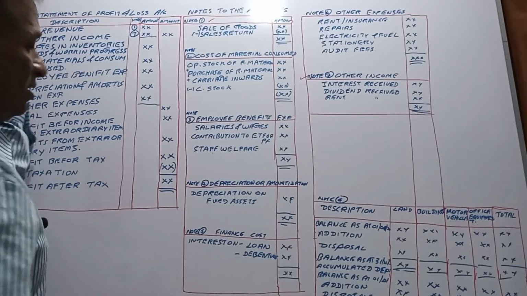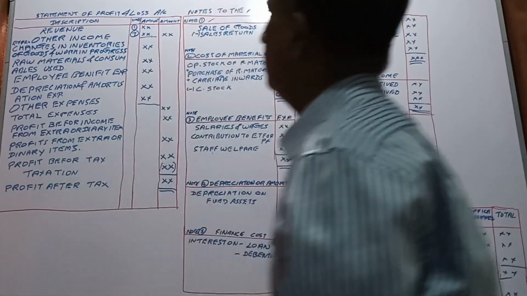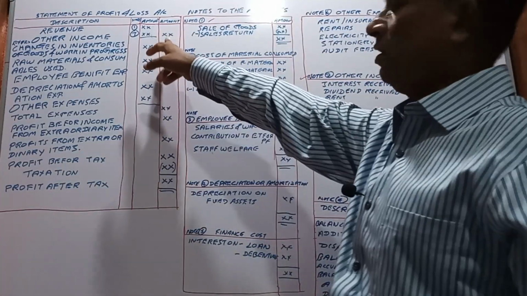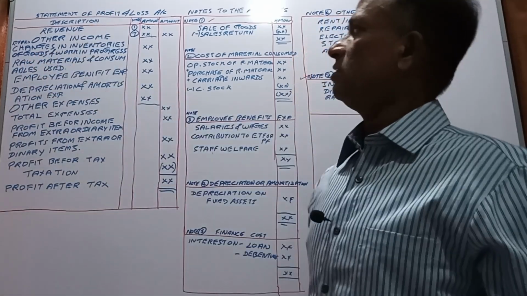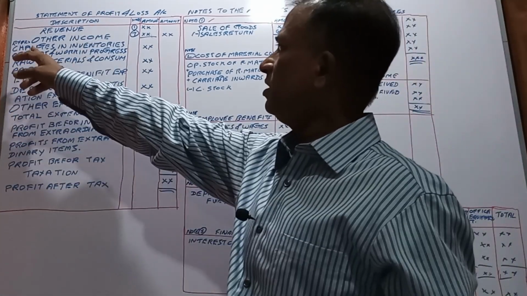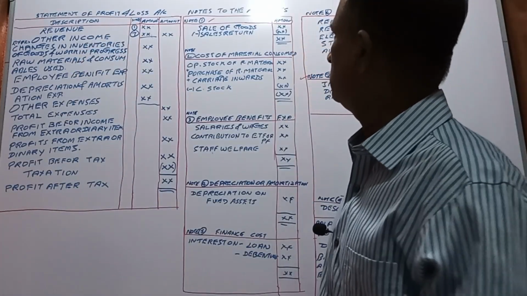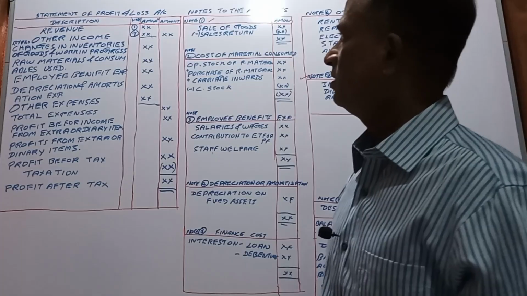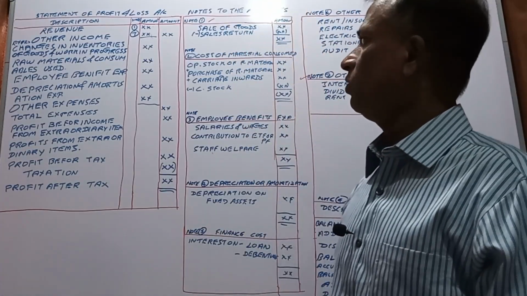Next is deducting expenses. After arriving at the revenue, you deduct the expenses. The first expense is changes in inventories, that is, inventories of goods and work in progress.